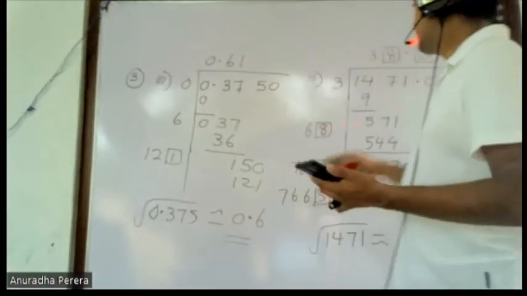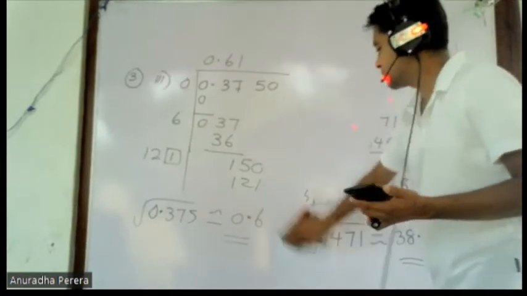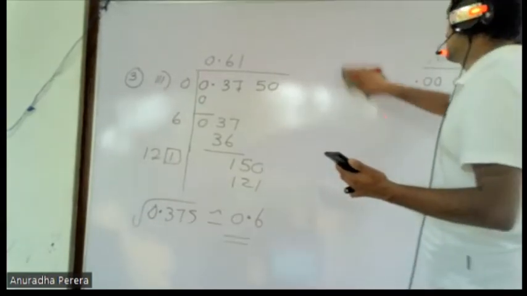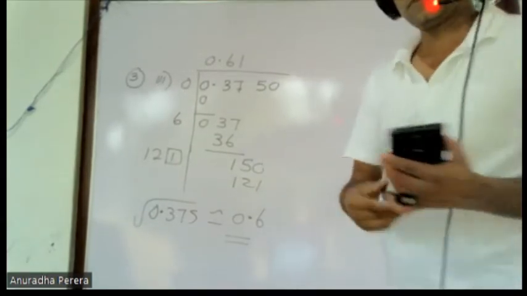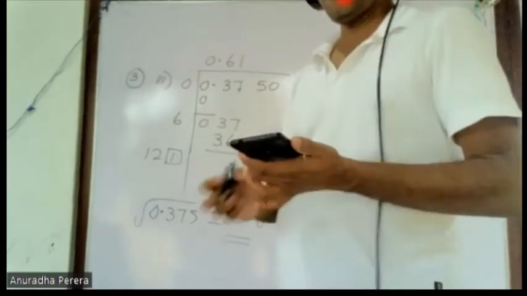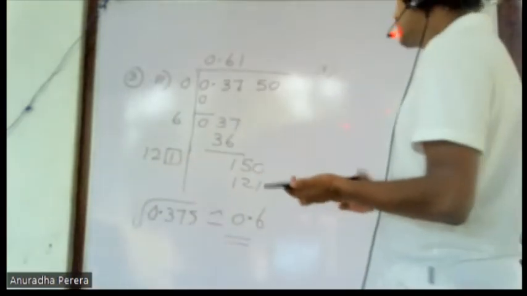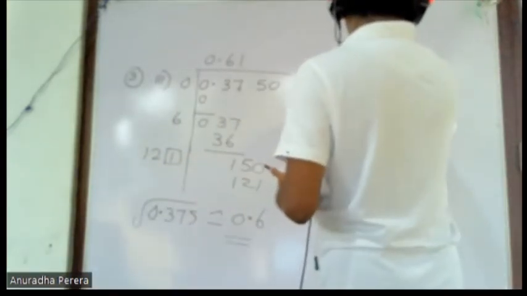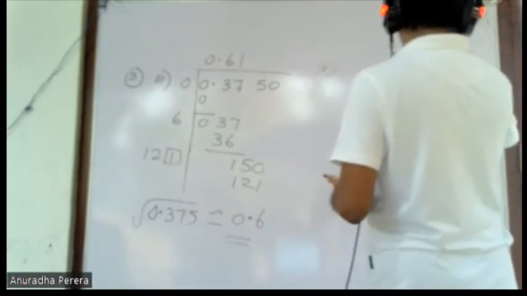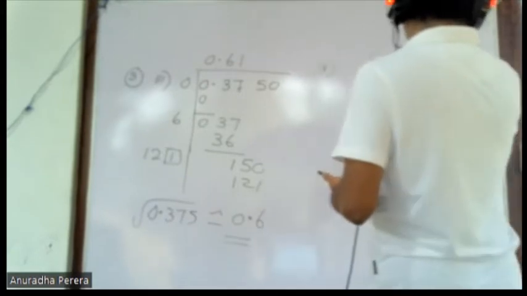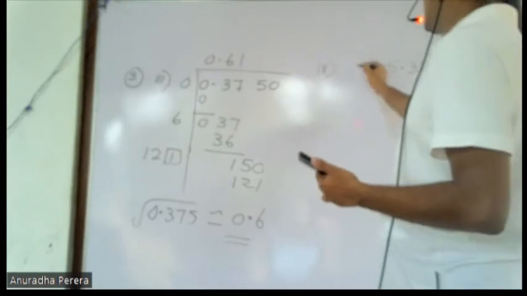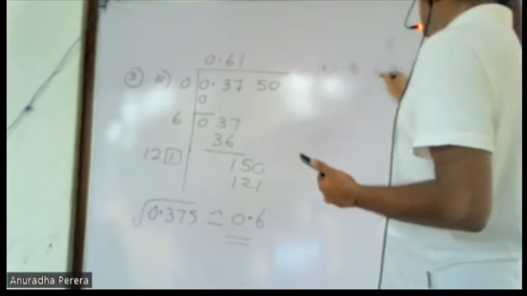Fourth question. The square root of 65.32. The complete square less than 65 is 64, whose square root is 8. 8 times 8 is 64.